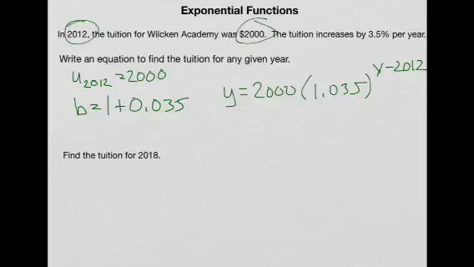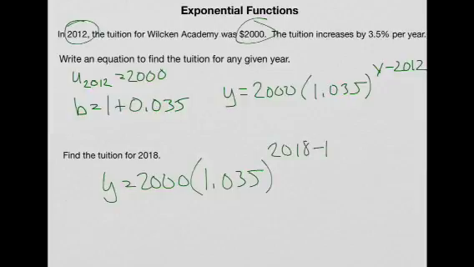To find the tuition in 2018, I'm just going to take 2,000 times 1.035 raised to the 2018 minus 2012. That gives me about 2,458 and 51 cents.